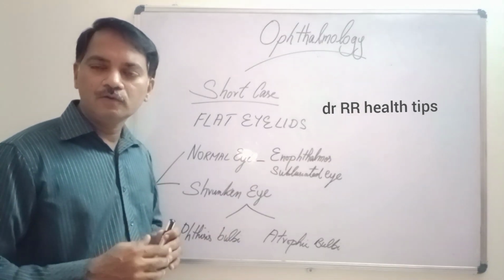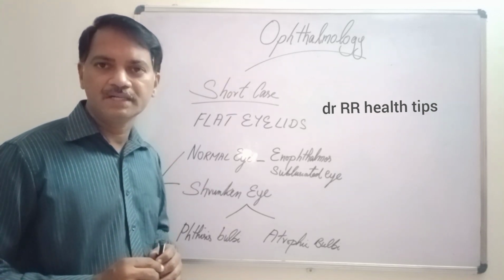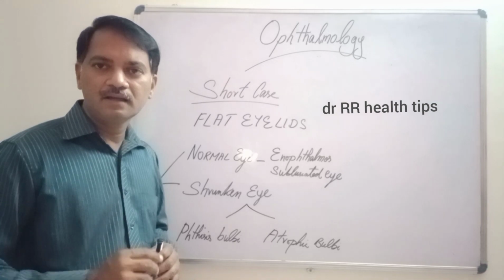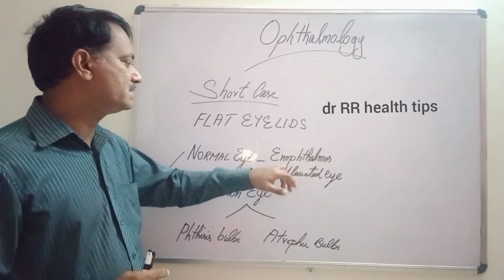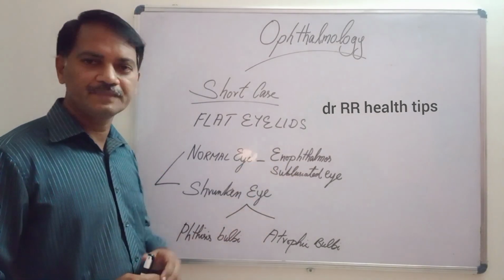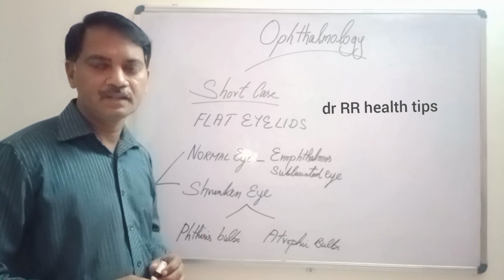It might have gone backwards because of the fracture of the orbits, so that the lids become flattened. That is called as enophthalmos, that is backward displacement of the eyeball.